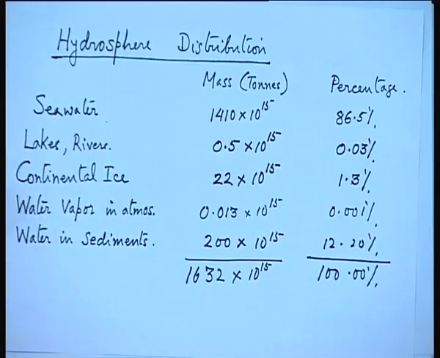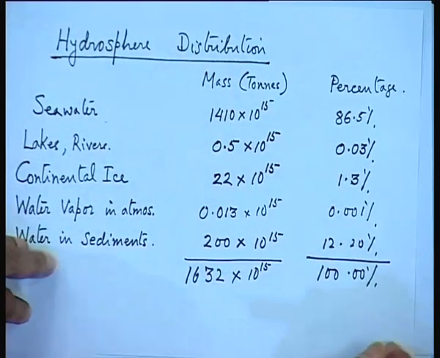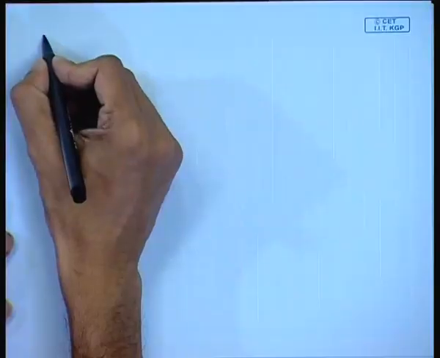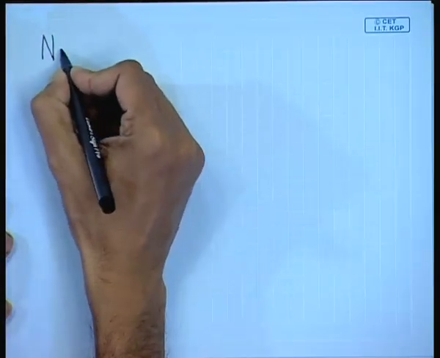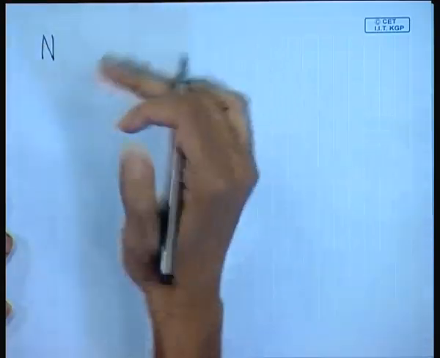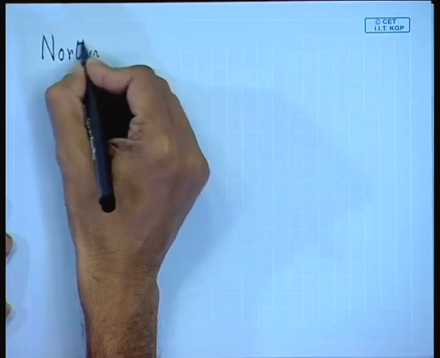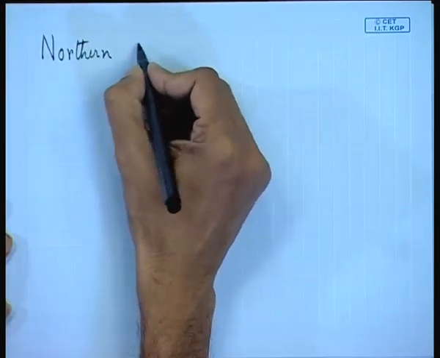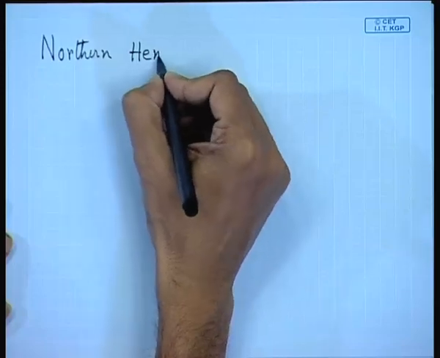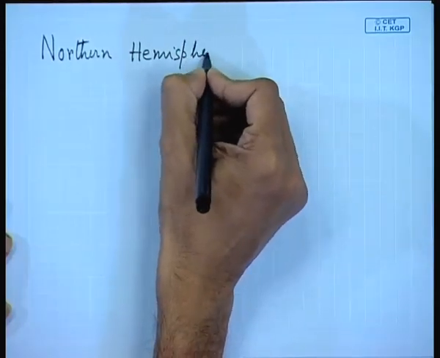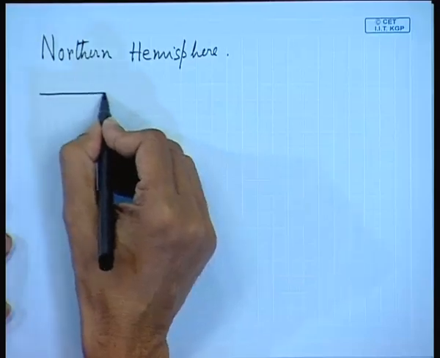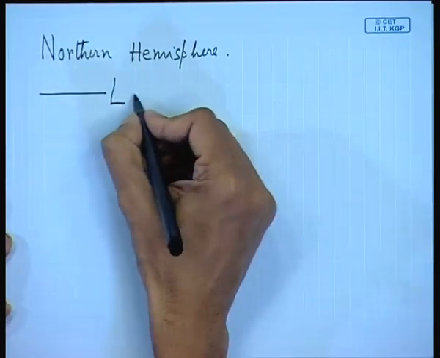So, this is just for our knowledge, and the other part that I wanted to tell you is the distribution of these ocean waters. You will find that the northern hemisphere, the portion of the earth above the equator, is essentially a land hemisphere.